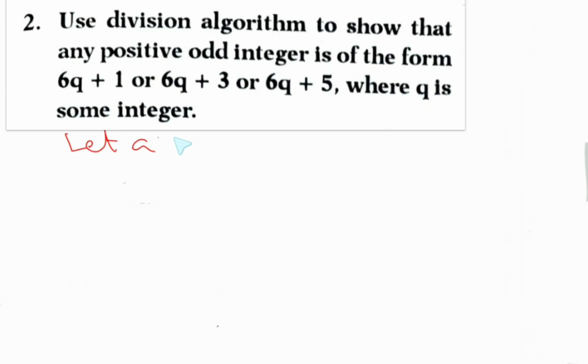Let us now apply the division algorithm with a and b equal to 6, as given. Then the equation is a is equal to 6q plus r, where r lies between 0 and 6, 0 less than or equal to r less than 6.